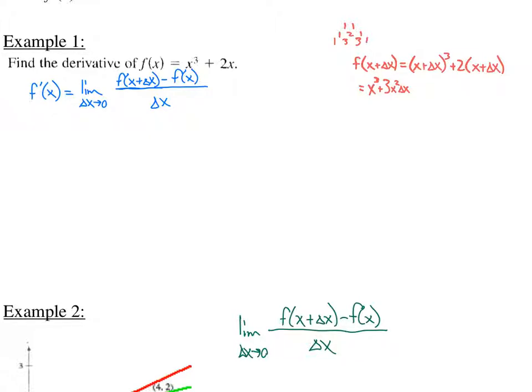So then it's going to be a plus 3x delta x squared plus delta x cubed. So that is our binomial expansion there. And then we have the plus 2x plus 2 delta x.